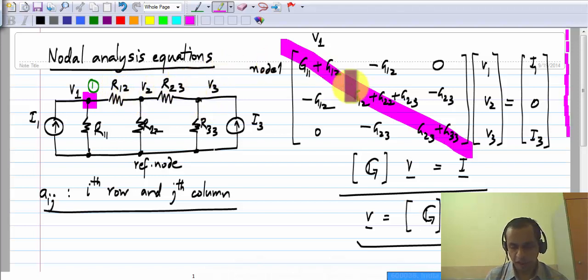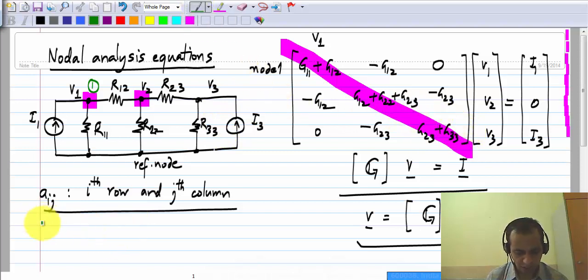Okay, and similarly, if you look at node 2, there are three resistors connected, G12, G23 and G22. So all of them are summed up and appear as diagonal element in the second row. And finally, node 3 has G23 and G33 connected to it, and the sum of that appears over there.